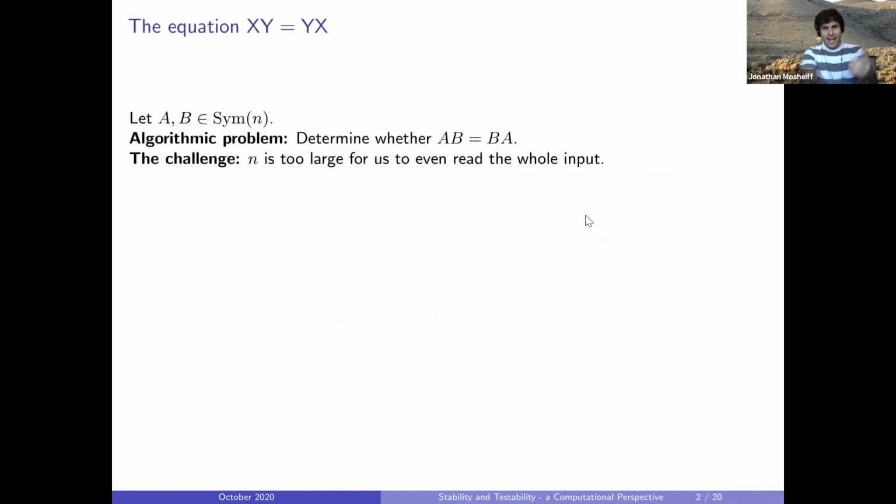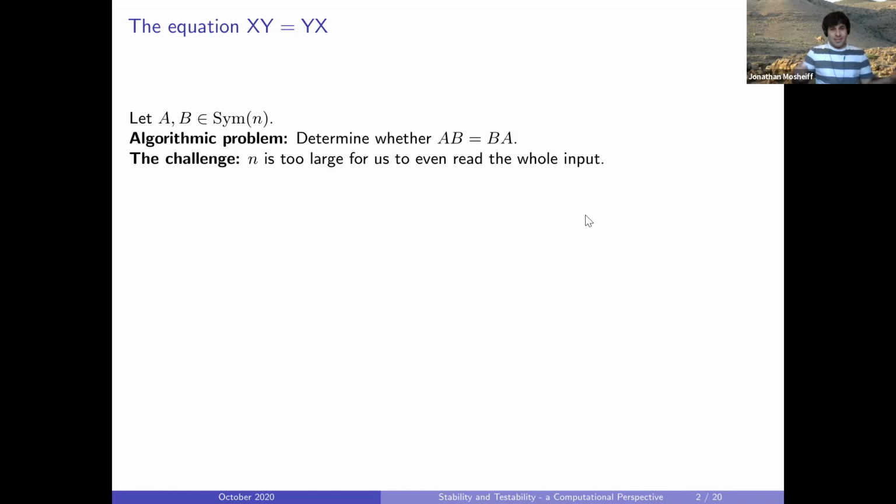So as is common when we're talking about stability, I'm going to start with the sample problem of the equation xy equals yx. So consider the following algorithmic question. Suppose we're given two permutations over 1 to n, and we want to determine whether these two permutations commute. So we want to check whether AB is equal to BA.